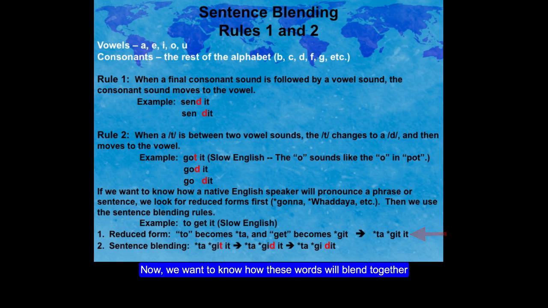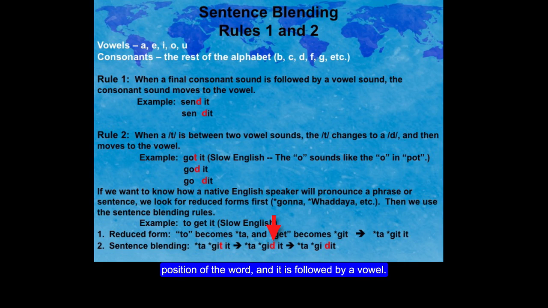Now we want to know how these words will blend together in a natural phrase. So we want to look at this phrase or listen to this phrase, and we want to know if either of these 2 rules that we just learned will apply. So we look at the T on get, and we notice there's an I sound before it and an I sound after it. So this is a T sound surrounded by vowels. It's going to change to a D sound.